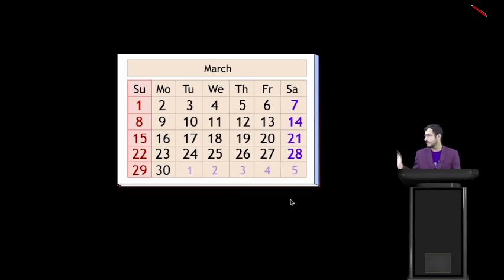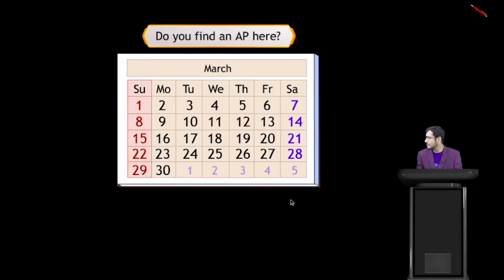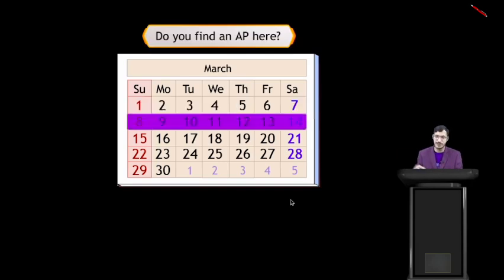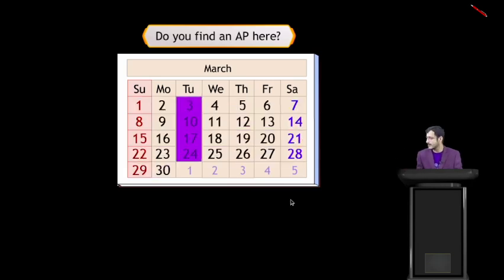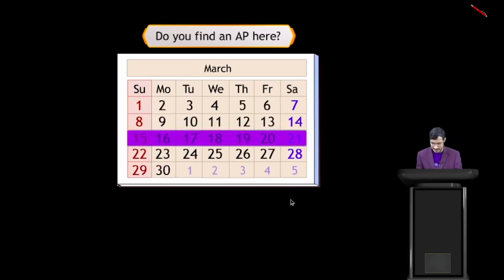Now students, it's an activity. Can you find the arithmetic progression? Can you find out the pattern here? How many patterns and how many APs are here? Yes, first AP 1, 2, 3, 4, 5, 6, 7. Second AP 8, 9, 10, 11, third and fourth.